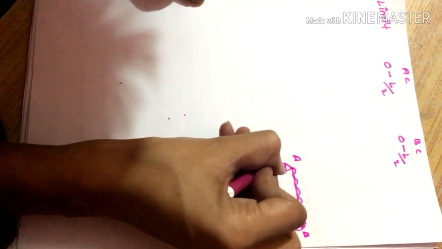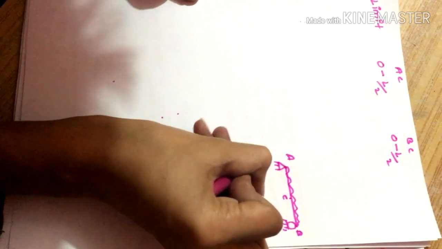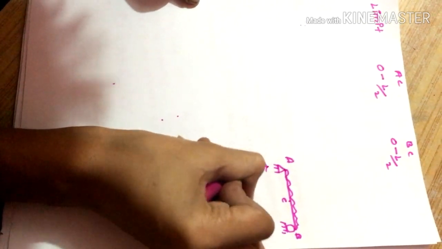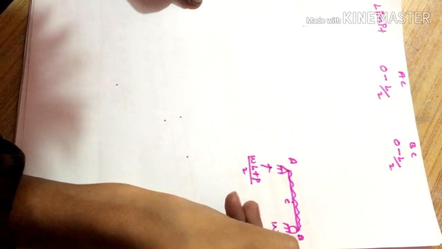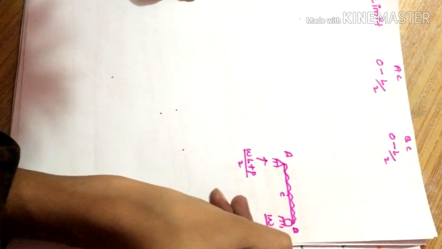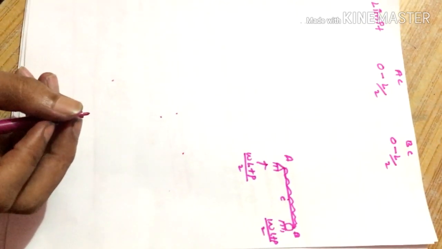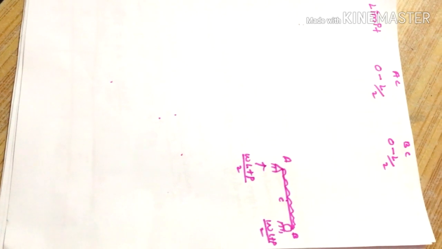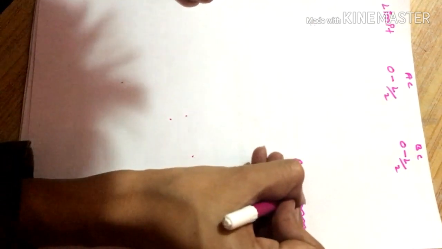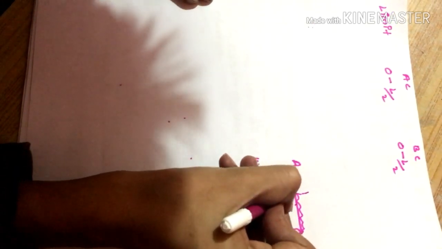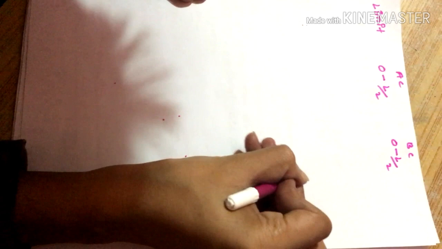Here RA is equal to (WL plus P) divided by 2. Now let us calculate the bending moment in portion AC as well as in portion BC. So let us take a section from A at a distance of X.